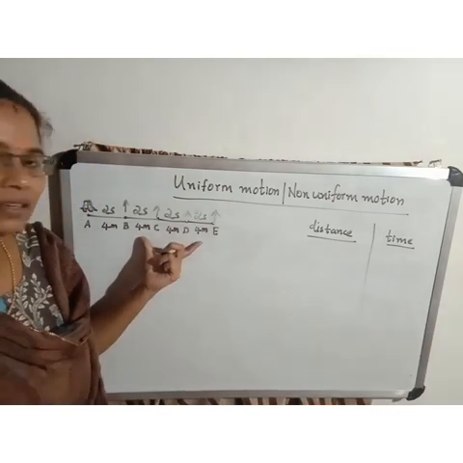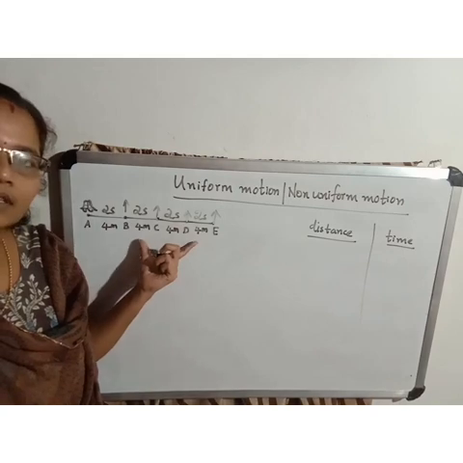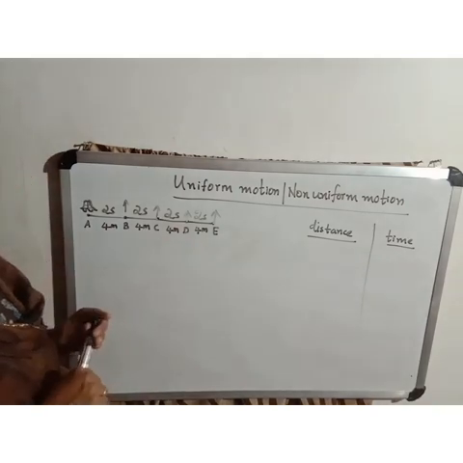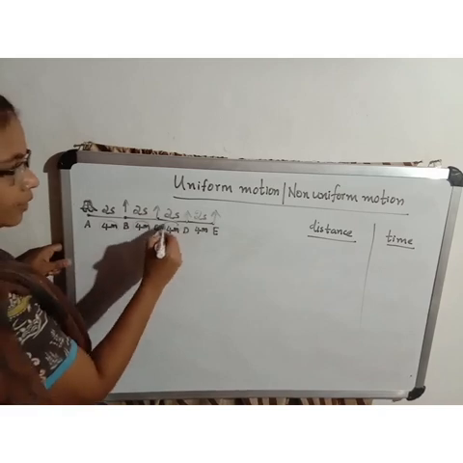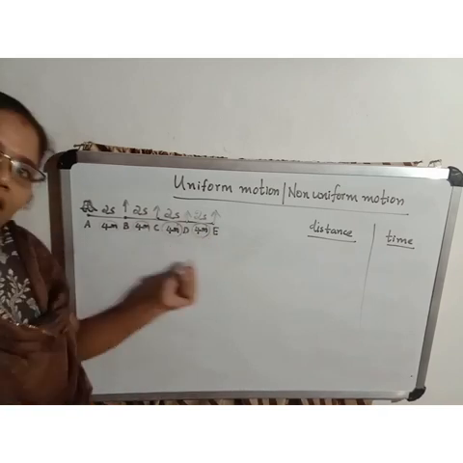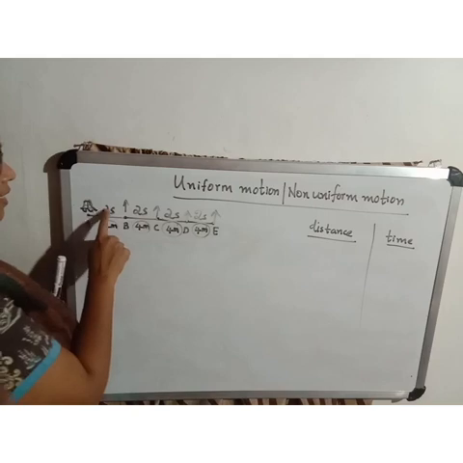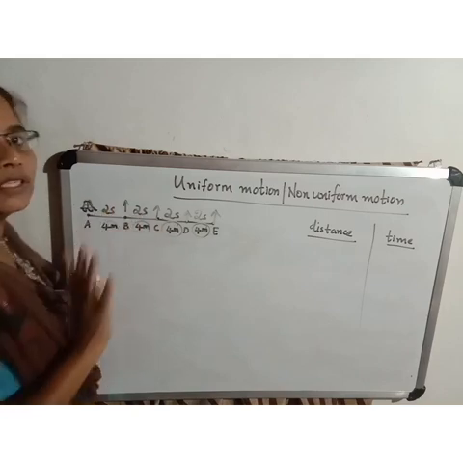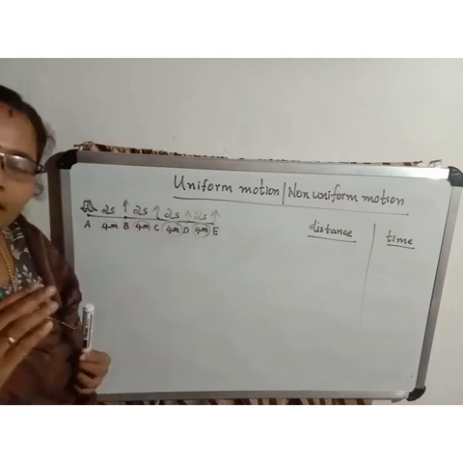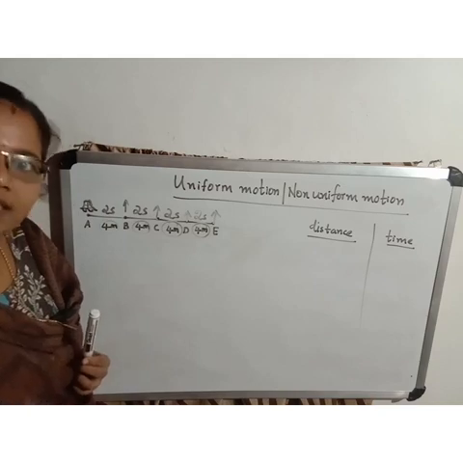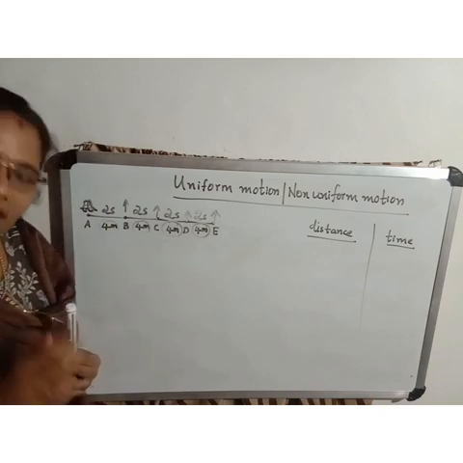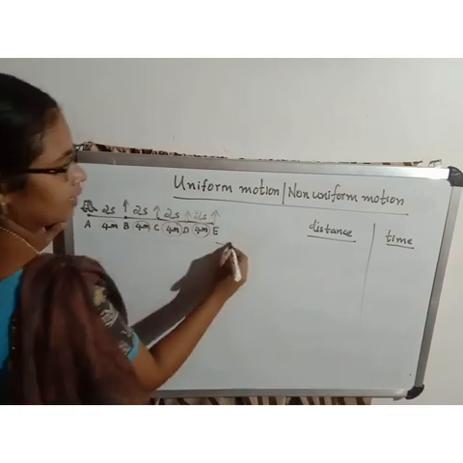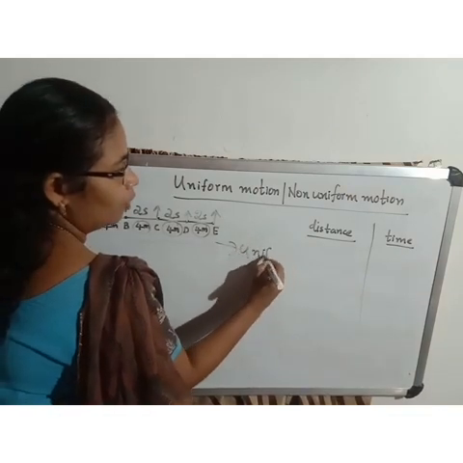So from this discussion it's clear that the body travels the same distance within the same time. The body is covering the same distance by taking the same time. Such types of motion are said to be uniform.